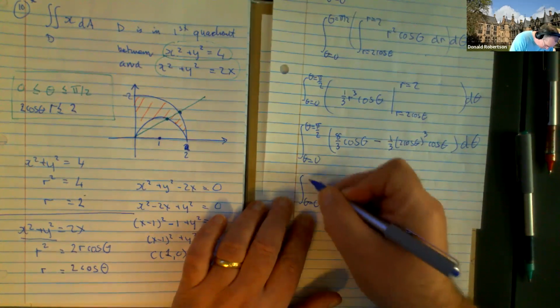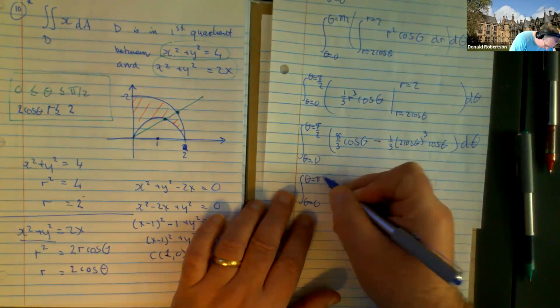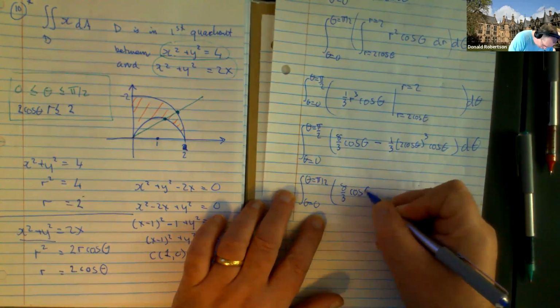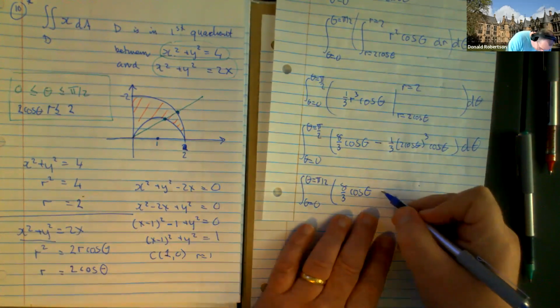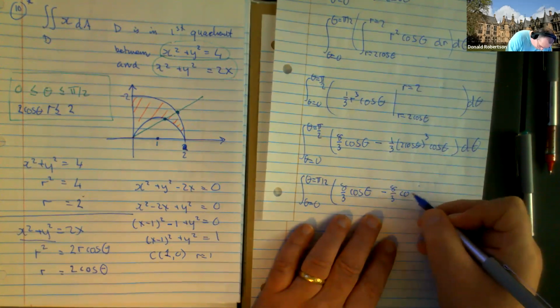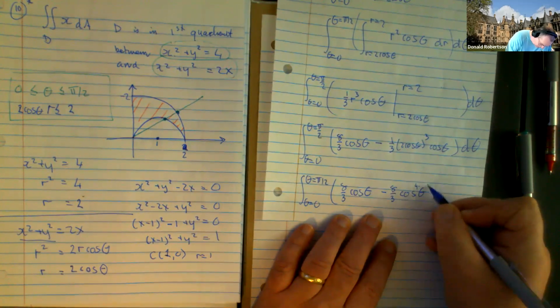You now get, just a little bit more tidying up, 8/3 cosine of theta, take away 8/3 cosine to the fourth theta.